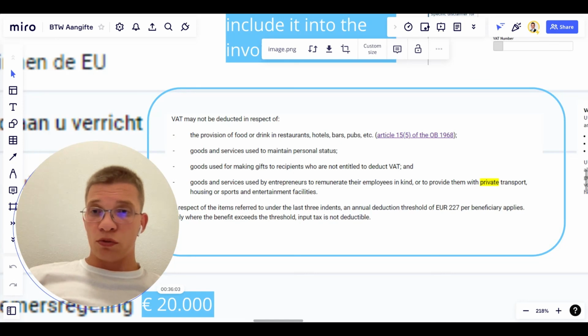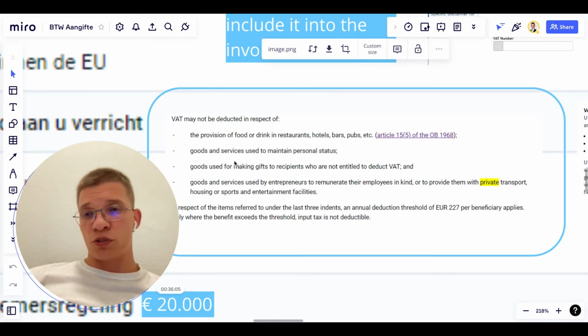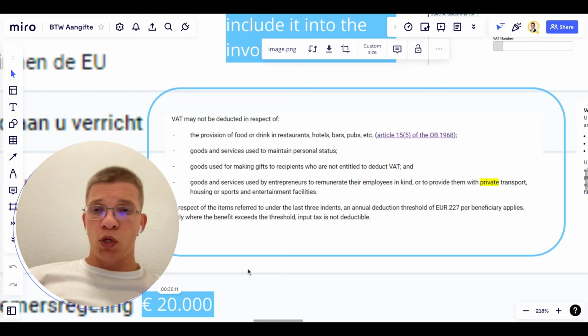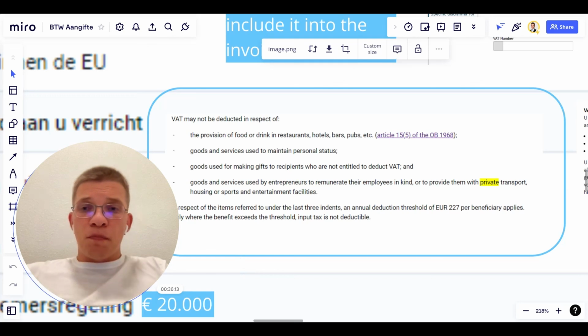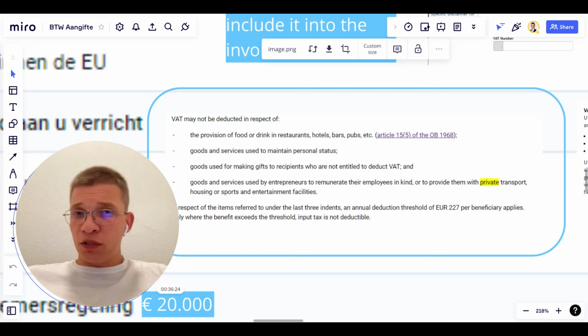You cannot include in this section the VAT which, for example, you incur while being hosted in a hotel and paying for the hotel or paying for the restaurant while attending a conference, for example, related to your business.